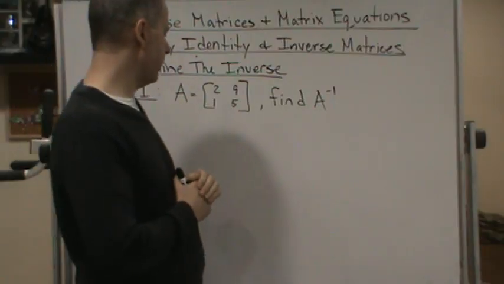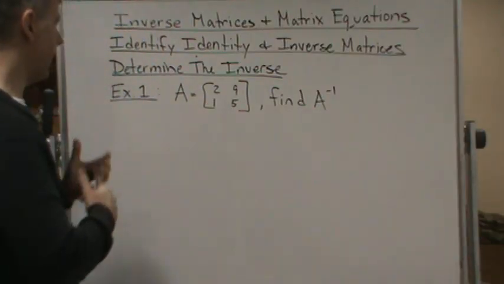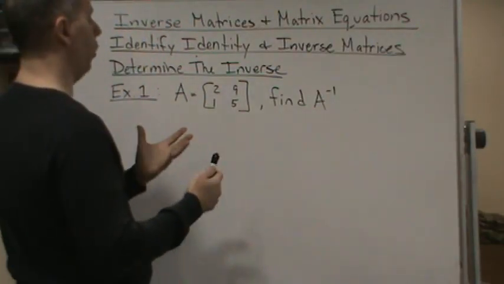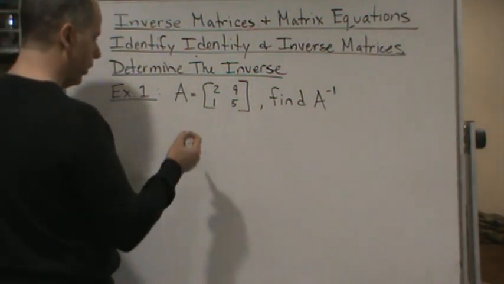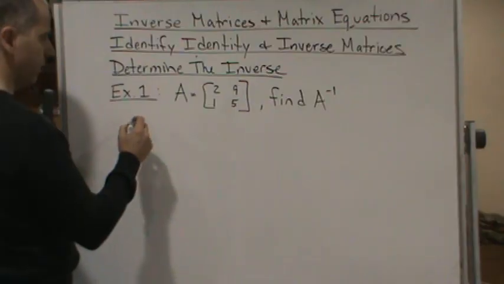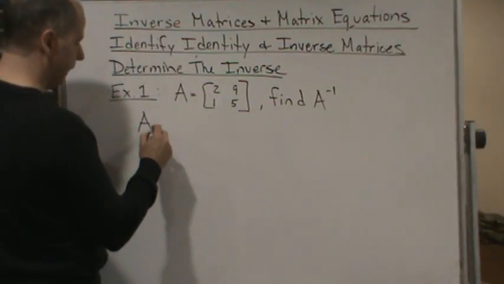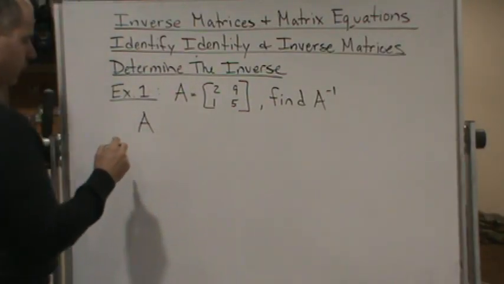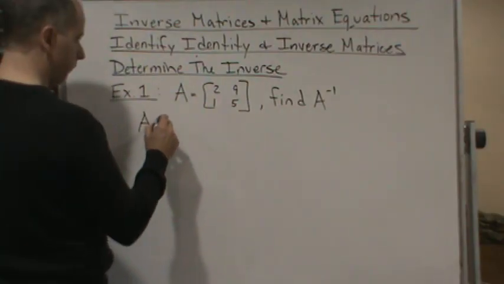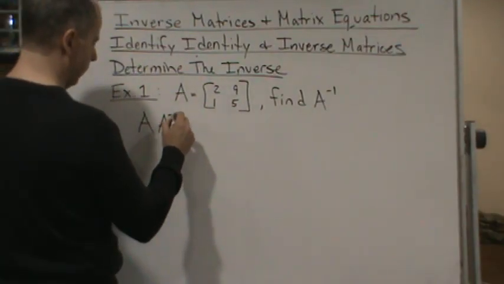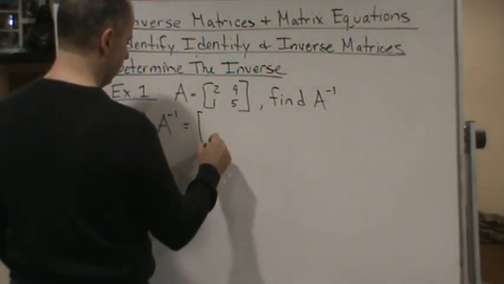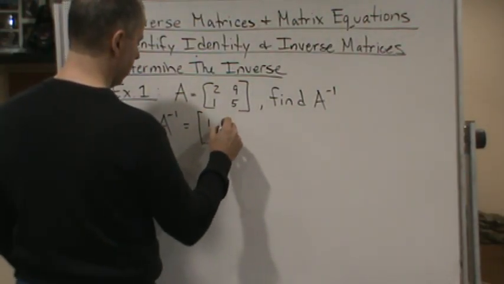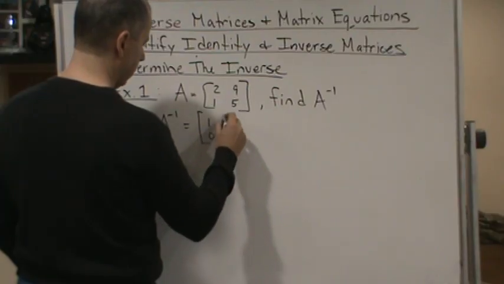So let's do it this way. Well, what do we know? We know that A times A inverse equals this.